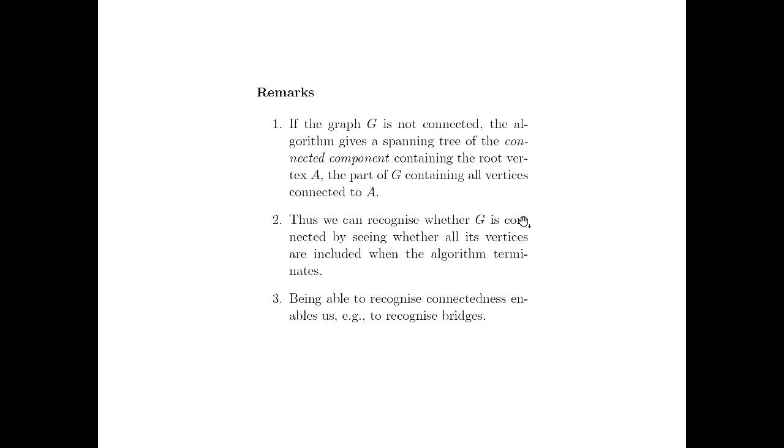Okay, so I mentioned this before, but if your graph G is not connected, then this will give a connected component of your graph, whichever component contains your root vertex. Right, so really the only sensible way to test a huge graph to see if it's connected, which is a really important thing to do potentially, is to start running either a breadth first or a depth first algorithm to find a spanning tree.